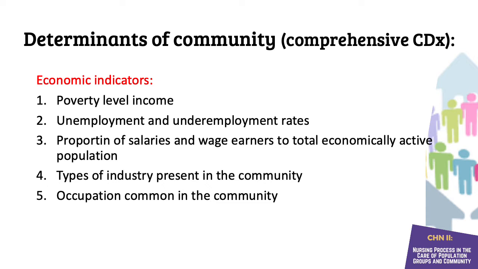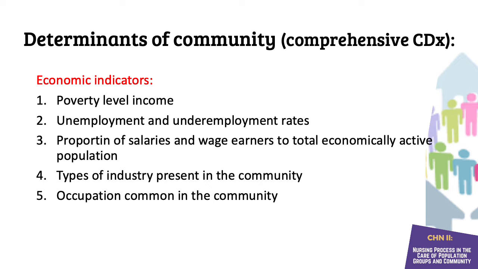Okay, that is underemployment. So, your proportion of salaries and wage earners to total economically active population, when we say economically active population, this comprises all persons of either sex who furnish or supply labor for the production of economic goods and services.